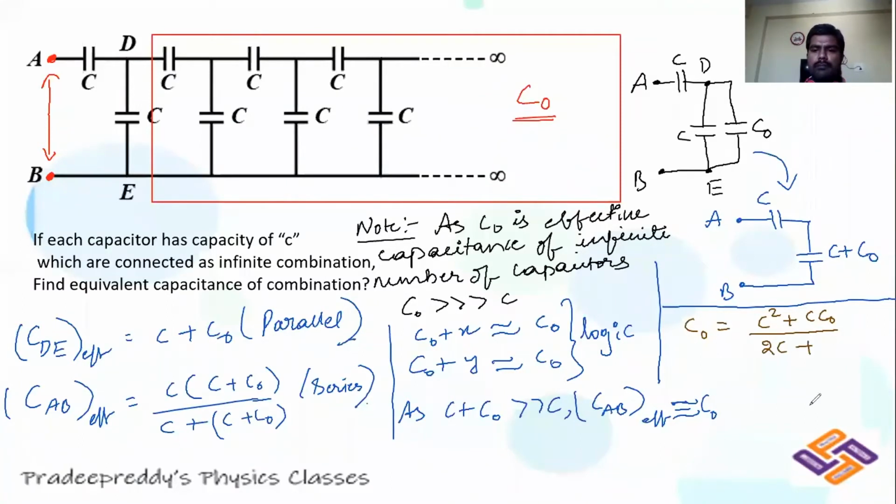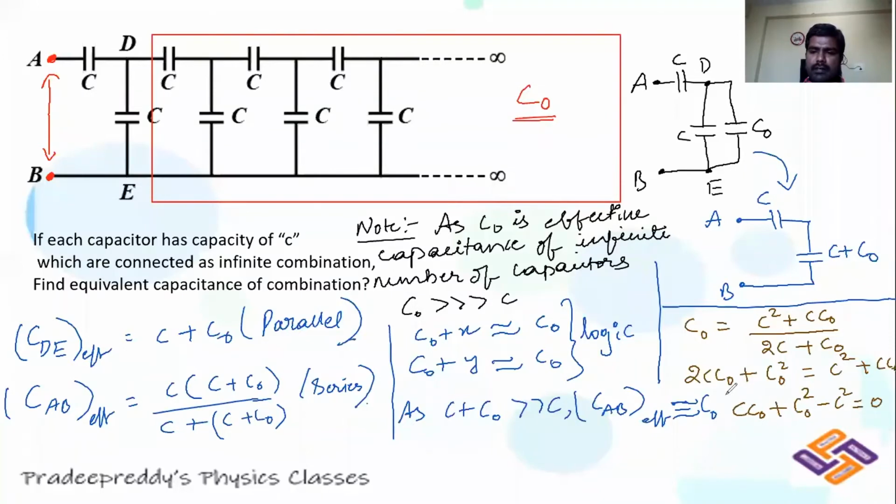Okay, now bring this term to the other side. 2C naught plus C naught square, plus what is left over here, is equal to C square plus C naught. Now 2C naught and one more C naught is here, that comes over to the other side. 2C naught minus C naught will be equal to C naught. C naught plus C naught square minus C square is equal to 0, right?